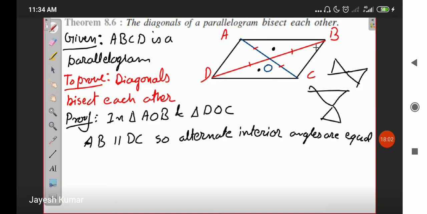What are the alternate interior angles? Angle OBA will be equal to angle ODC. How so? When we take BD as transversal.